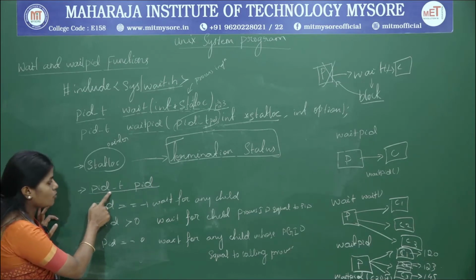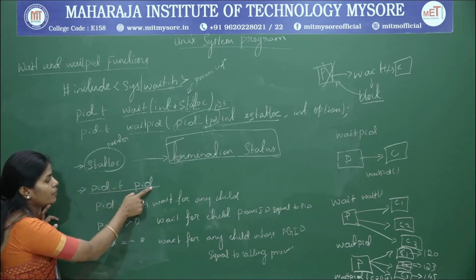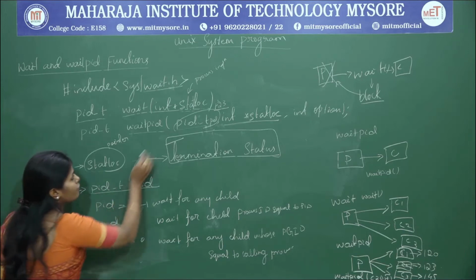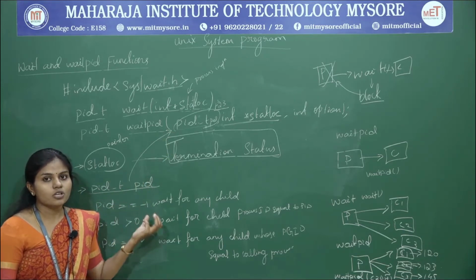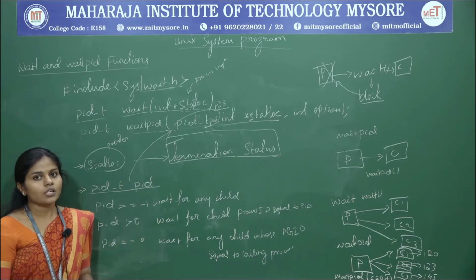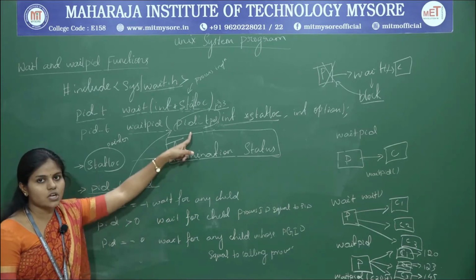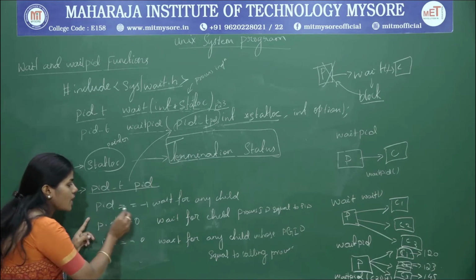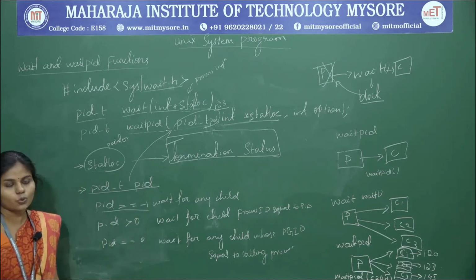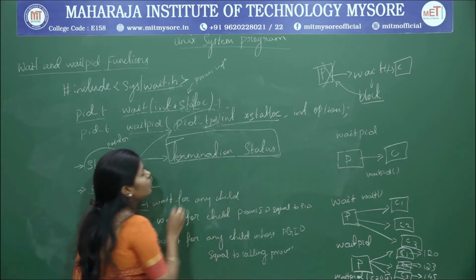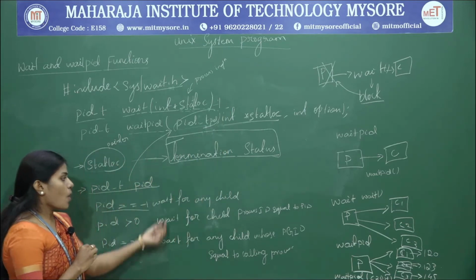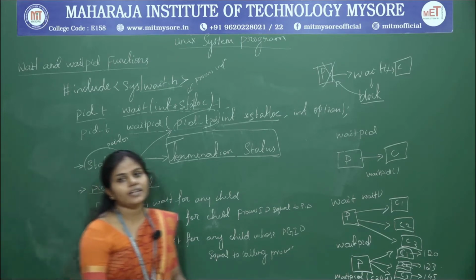Now the first argument PID, what is it? The first argument for waitpid. So what process identification number can you specify as the first argument? If instead of this you specify -1, what does it indicate?